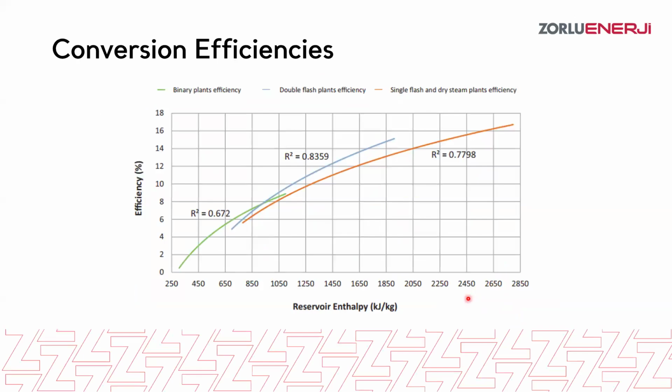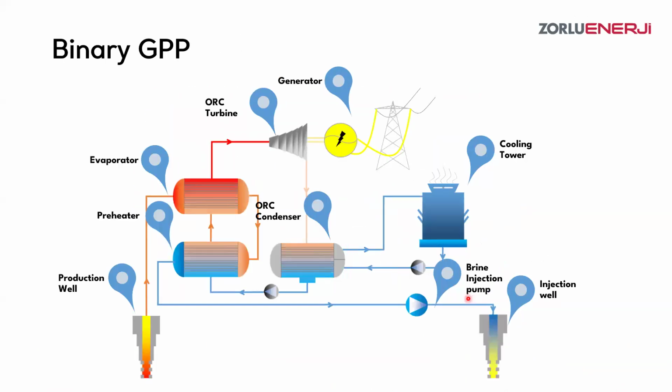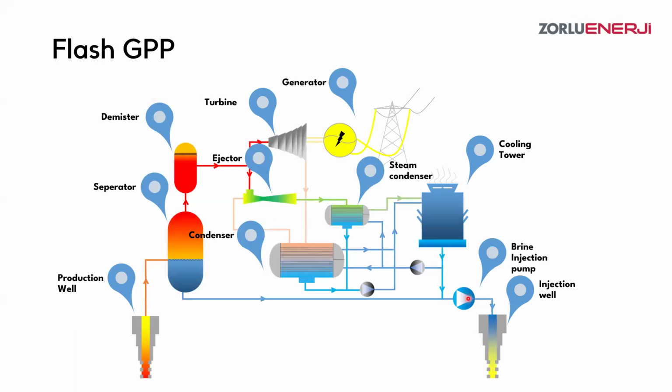And here, by the way, we also have some hybrid systems, okay? Mostly those hybrid systems use flash type power plants with binary type power plants. For example, in our geothermal fields, we are using some kind of integrated systems.